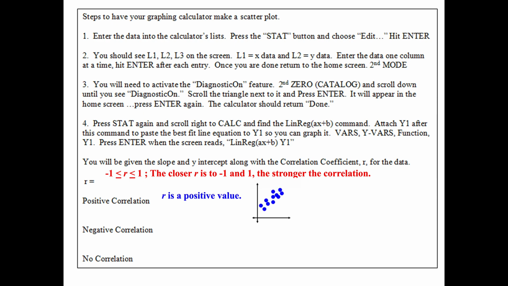So if I had a data set that had a bunch of points looking like they're going uphill, this would be a positive correlation. My best fit line is going to have a positive slope. So positive correlation means you're going to have a positive slope. The value of the slope doesn't determine the value of the positive correlation coefficient.